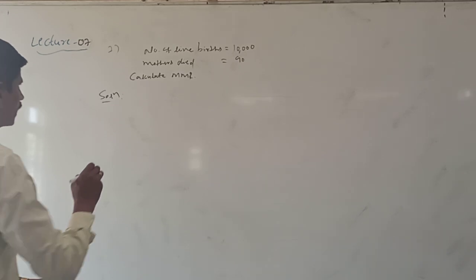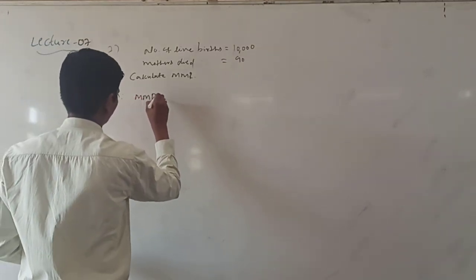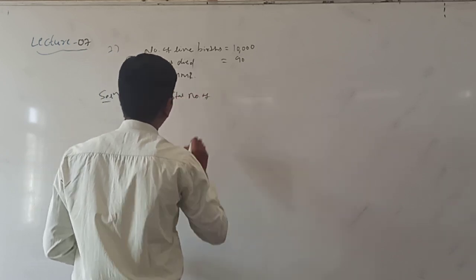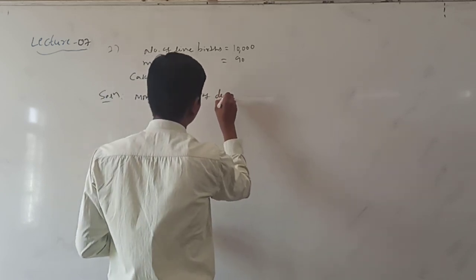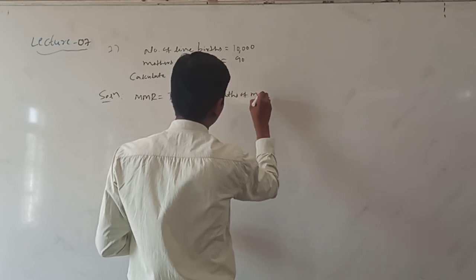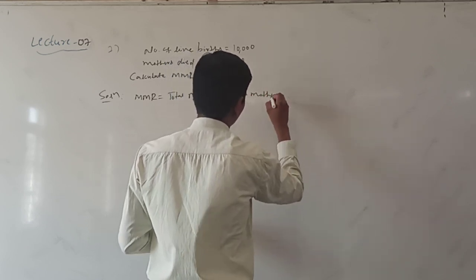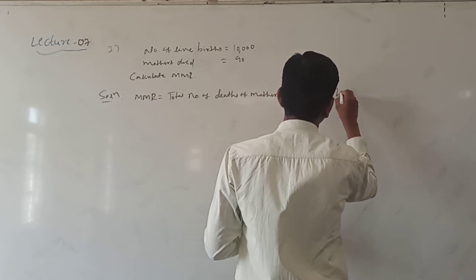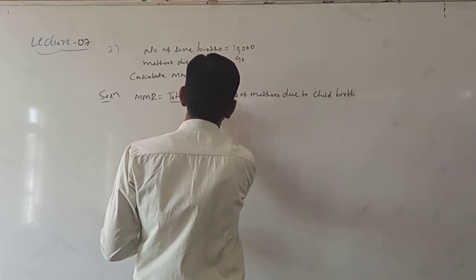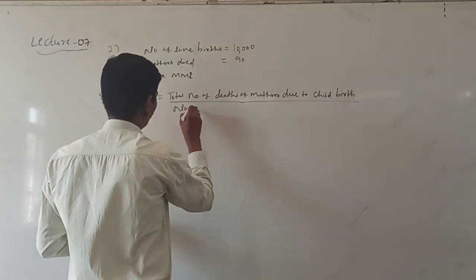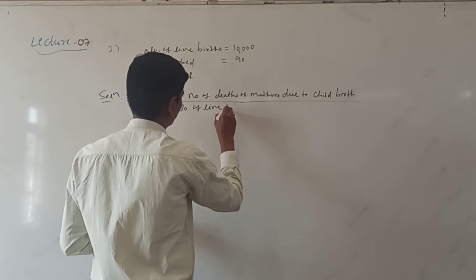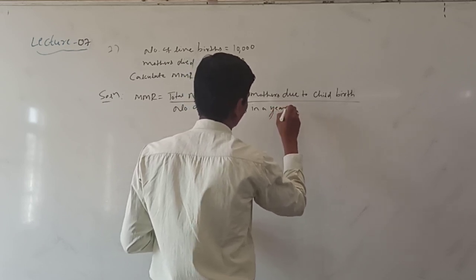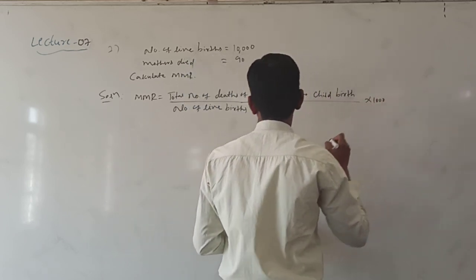You have to apply the formula. MMR equal to total number of deaths of mothers due to childbirth divided by number of live births in a year, into 1000.